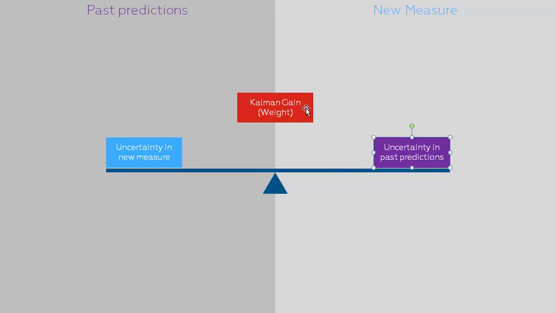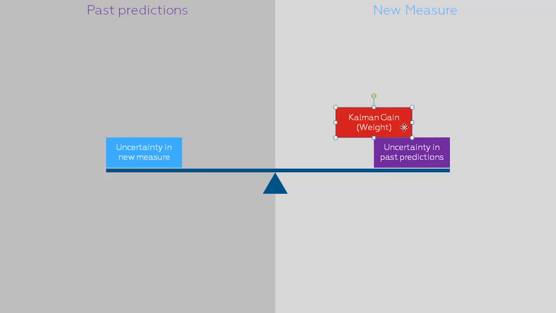But how this balance is going to be, which one is going to get more weightage, depends on the value of the Kalman Gain. If our new measurement is really accurate, the Kalman Gain is going to move more towards it. It is going to multiply a value which directly increases the probability of the newly measured value gaining more into the estimate.